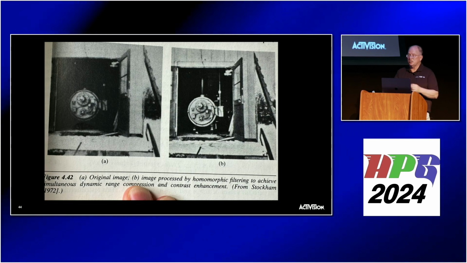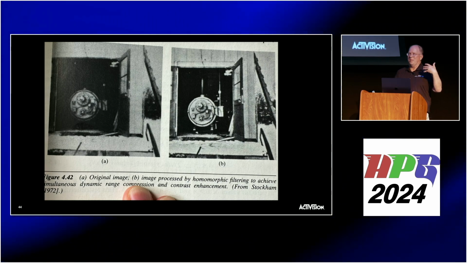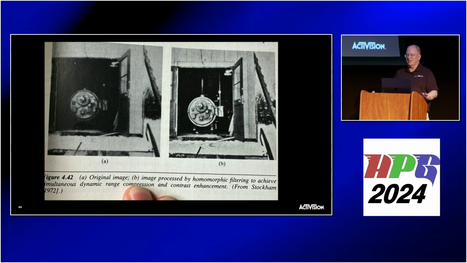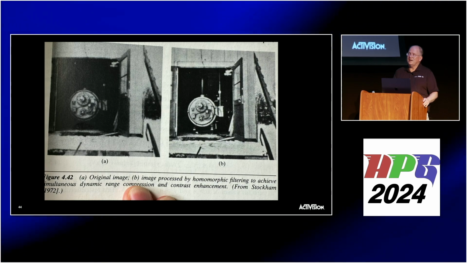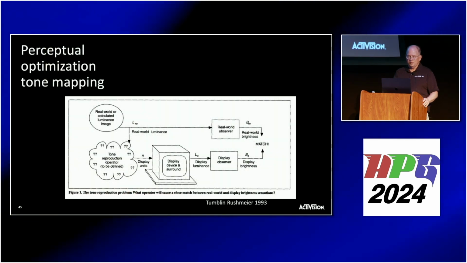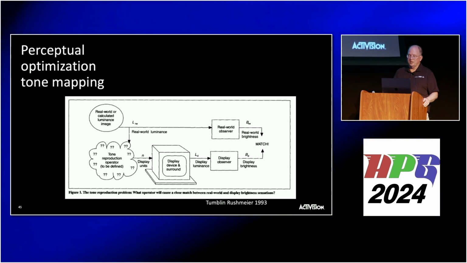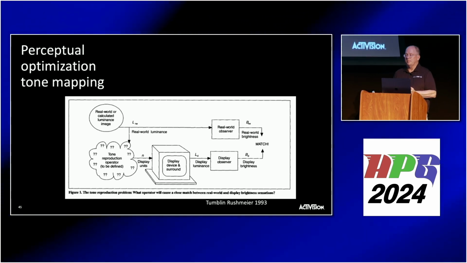And this was Jim Kajiya's advisor, and if you look in Jim Kajiya's dissertation, it's like a big, giant human visual system model that stemmed from this kind of thinking. Then, I think this was largely forgotten in our industry, sadly, but it was revisited by Jack Tumblin and Holly Rushmeier, and this is the diagram that I still think of when I think of tone mapping.